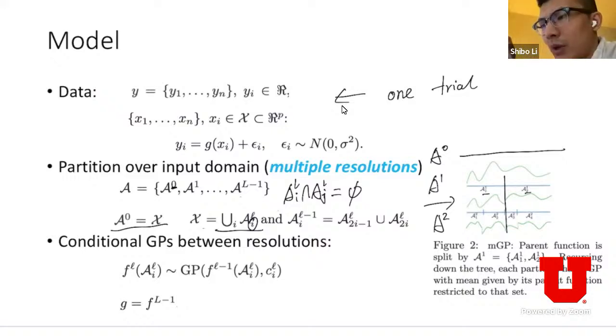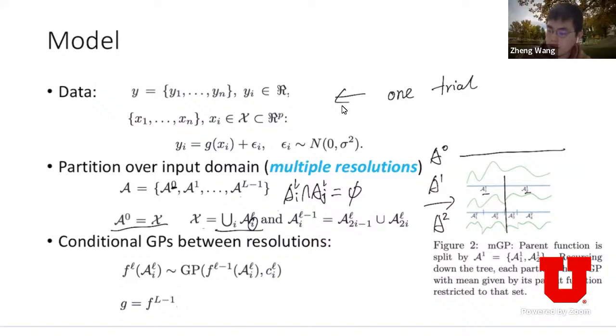Graphically, it looks like a binary tree where the leaves are the finest GPs, and the root is the target GP. At each level, we condition on the children GPs and aggregate that information to the root, level by level.